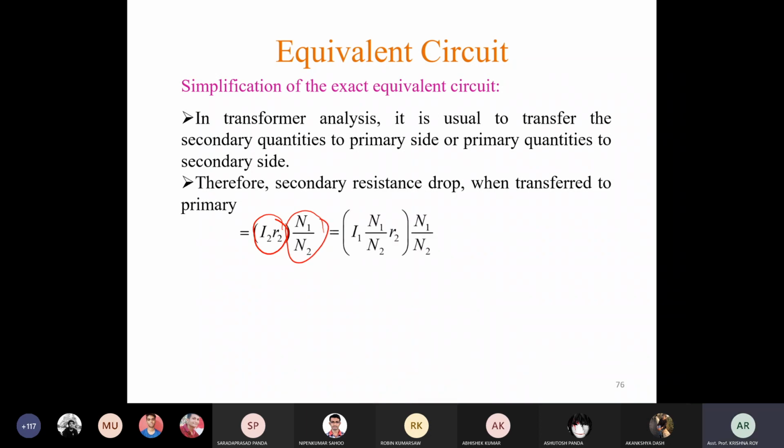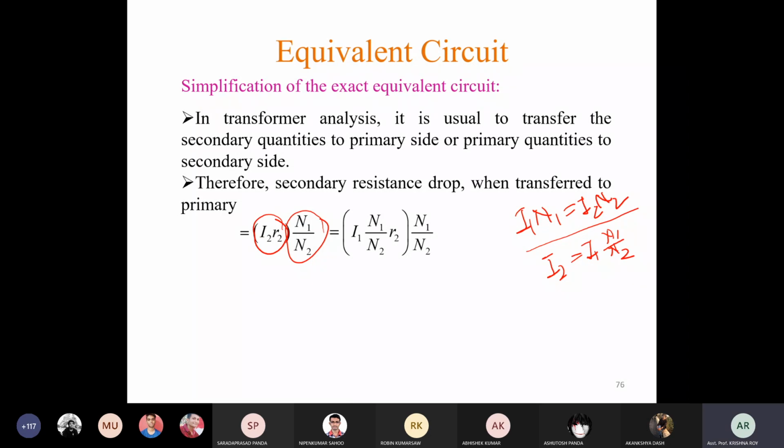Which we can write using the equation I1 N1 is equal to I2 N2, by neglecting the exciting current. So from this equation we can write I2 is equal to I1 into N1 by N2.